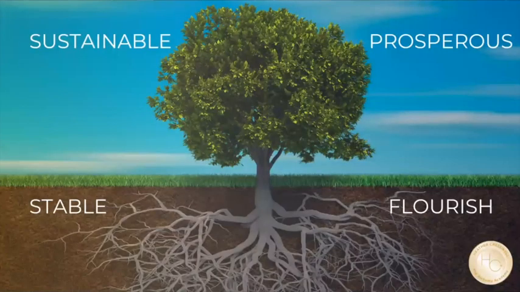And all of these are going to help you to build the sustainable and prosperous and stable business that is going to enable you to flourish and to really make the impact that you wanted to make when you launched your business.